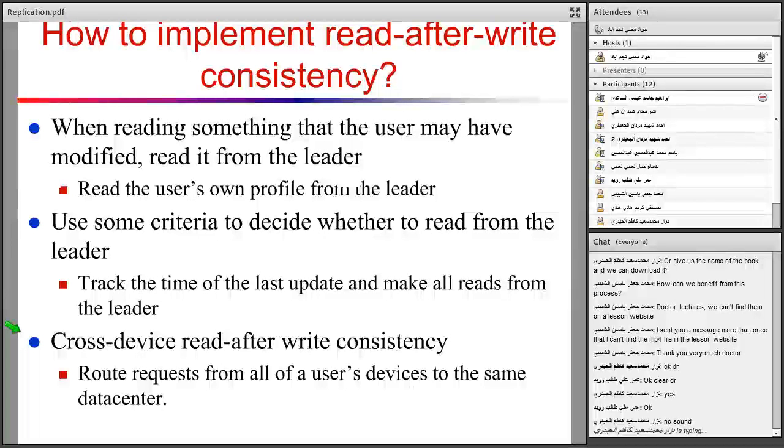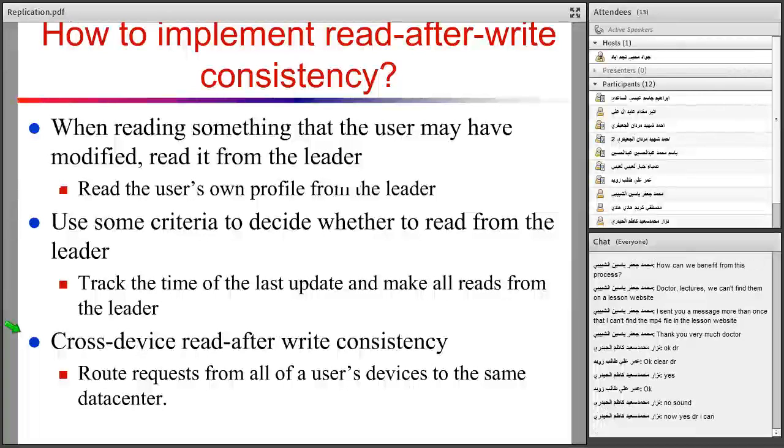It's excellent. Connection status is excellent. Okay, thank you.